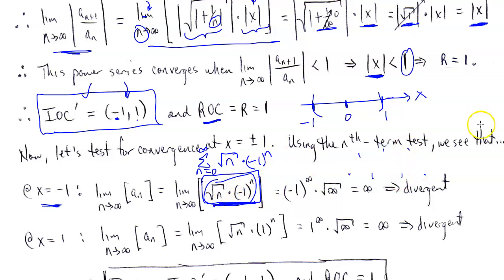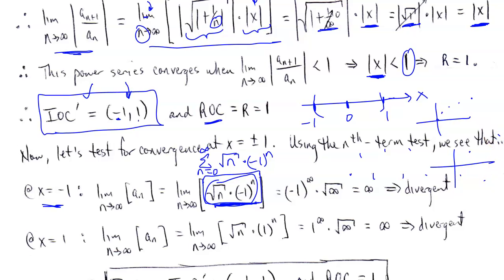But the square root of n, if we looked at it in terms of square root of x, it looks something like this. So the actual sequence is doing something more like this. And it's just getting bigger and bigger and bigger the more we go back and forth. So this is why in general here, this will end up being divergent, because it just keeps on getting bigger and bigger. Okay. Simply put, we know that the limit of our sequence does not exist.